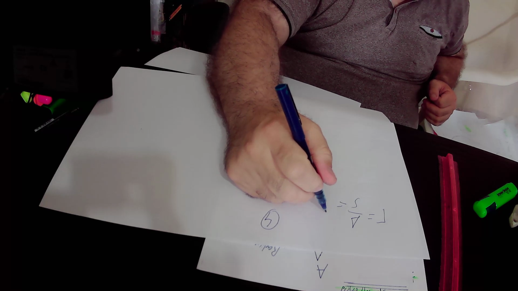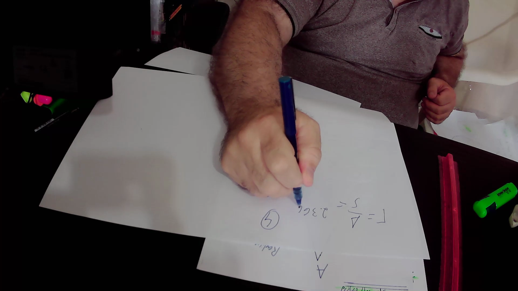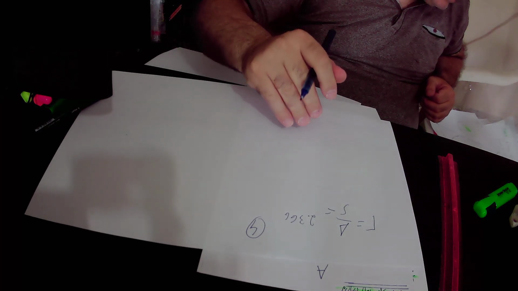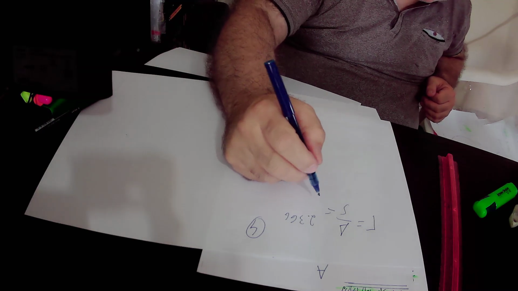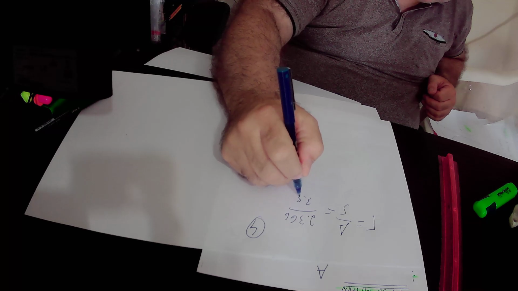That is to say, the area of triangle ABC is 2.366 square units over the semi-perimeter of triangle ABC, that is equal to 3.59 units.